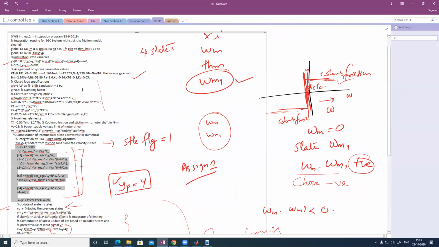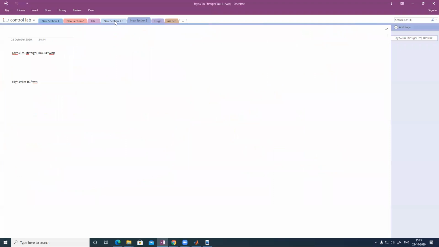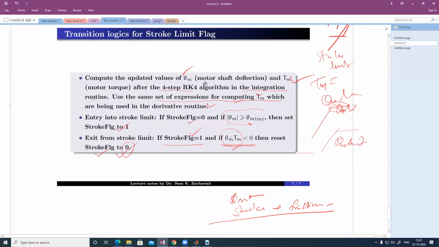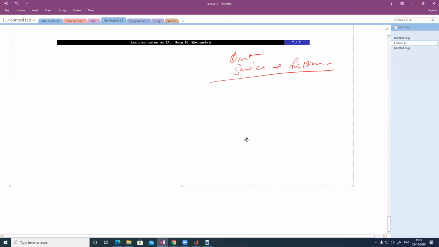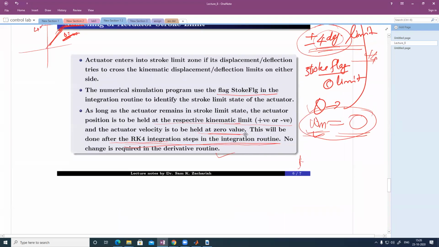This one you have to add 4-5 lines only. These routines. Only this stroke flag 0, 1. These two logics. This is very simple.